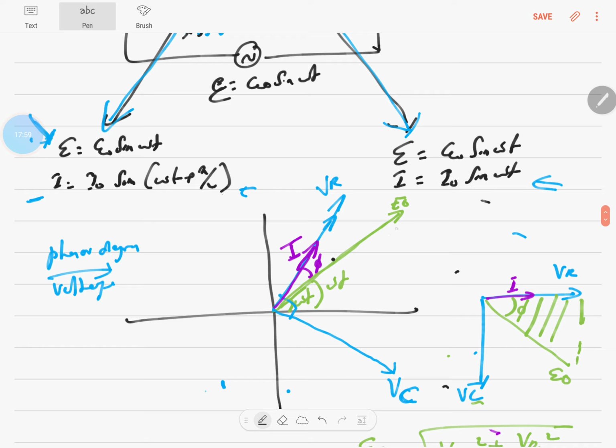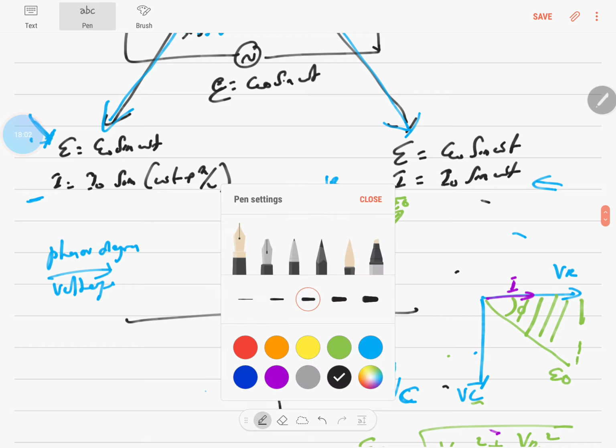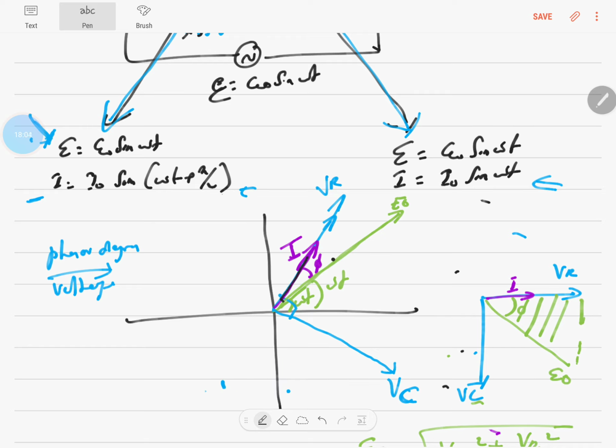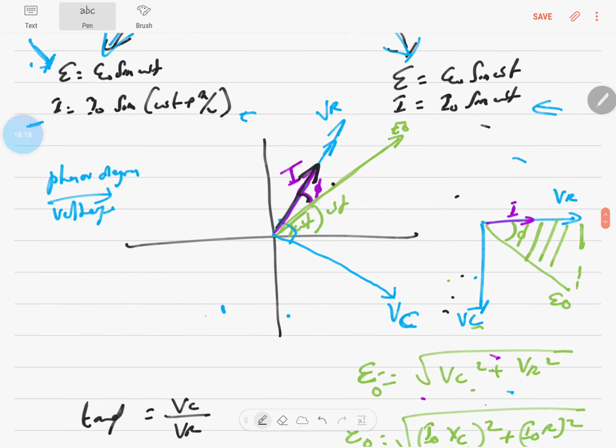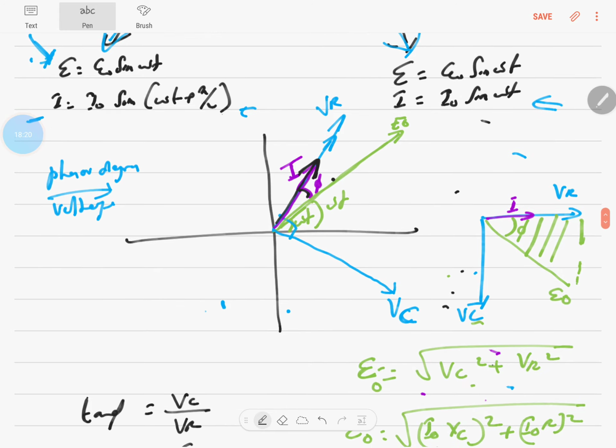So I have to break down the E naught into two components, VR here, and a VC which is lagging. And you know that the current will be in the same phase as VR in the resistor. So the angle between I and E naught is phi, the phase difference.